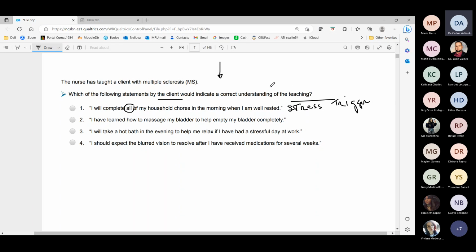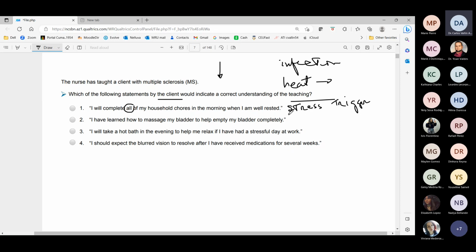Stress is one, heat is another, or violent changes of temperature, and infections is another, like a flu, etc. Those are the most common.